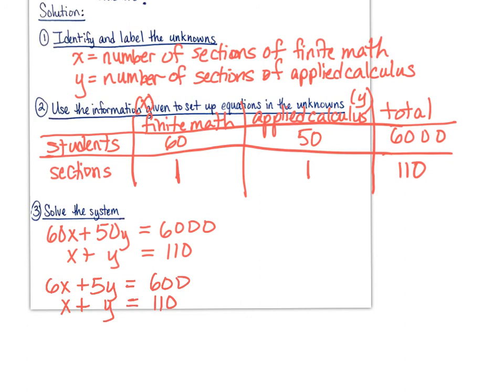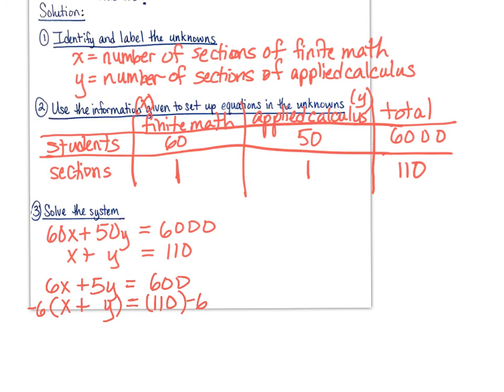Yes? You can make the bottom one negative 6x minus 6y equals negative 660. Very good. So multiply equation 2 by negative 6. So that would make equation 2 become, our first equation remains the same.